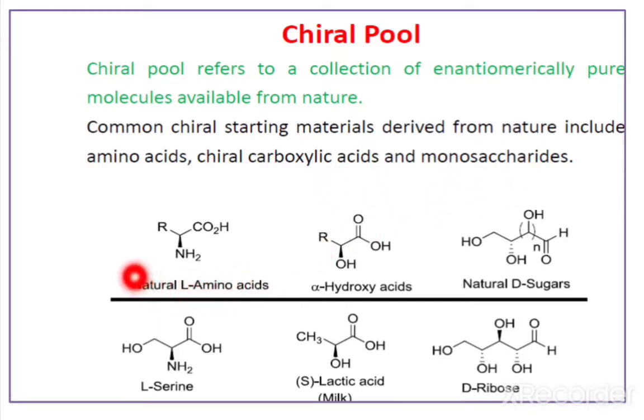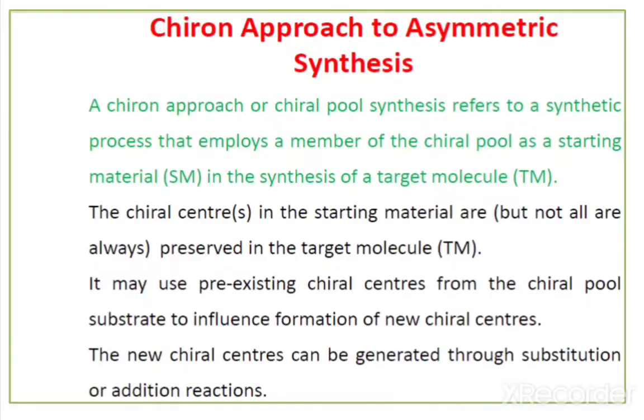Here are some examples of chiral pool: natural L-amino acids or alpha hydroxy acids, then natural D-sugars, here L-serine, S-lactic acid, which is present in milk, then D-ribose. These are some chiral pool examples, which are easily available in nature.